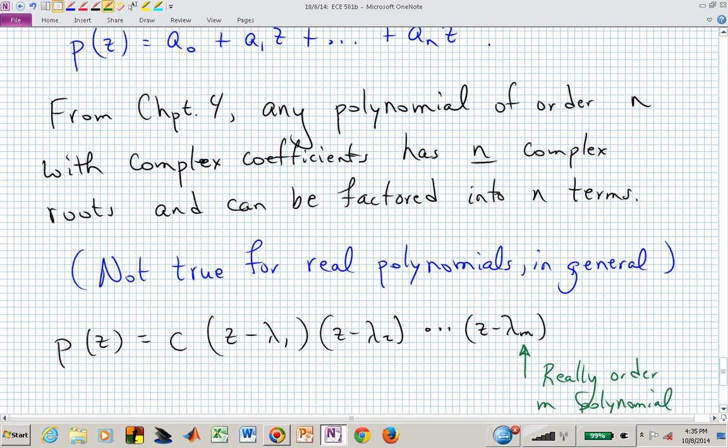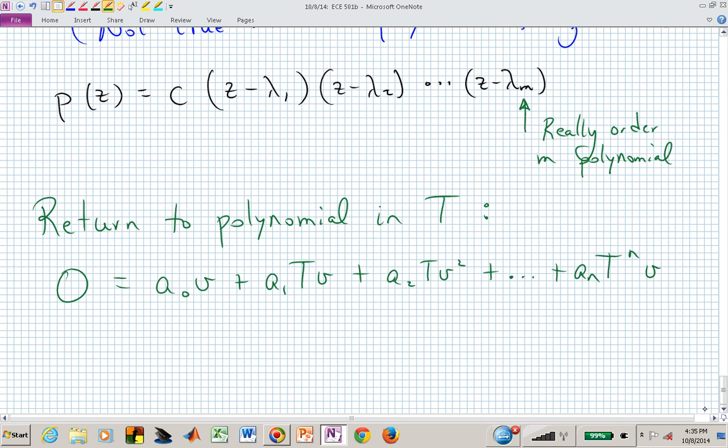In this case, we knew that we really only had little m of those, but now let's go back to this polynomial and show what it will equal. Meaning, we now have this relationship via additivity.